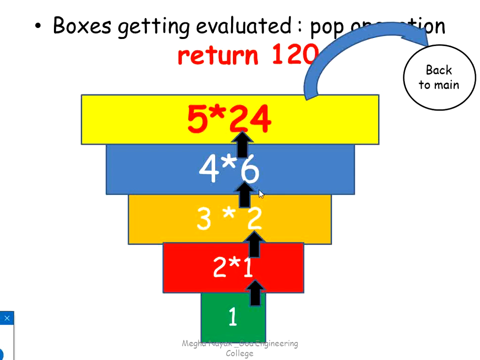The final answer is given back to the main function, from where there was a call to the factorial function. So I hope you've understood the push and the pop operation.